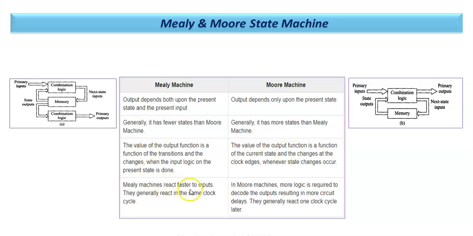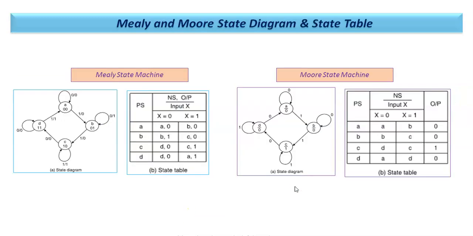Mealy machine reacts faster to inputs. They generally react in the same clock cycle. So Mealy machine is faster than Moore because once the input changes, your output is going to change. You do not have to wait for the clock. But in Moore, the output changes when the clock is applied, so you have to wait for the clock. So Mealy is faster than Moore.